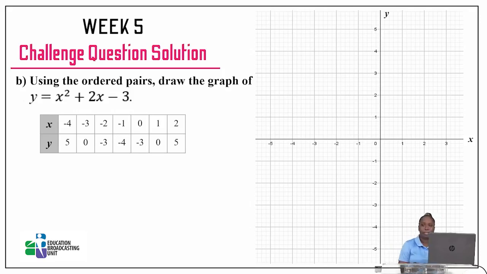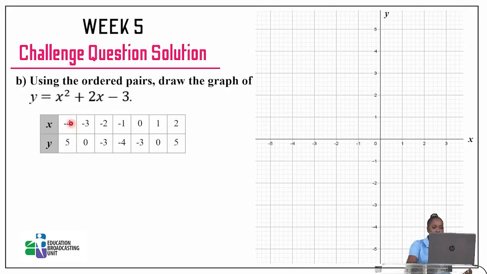Part B says, using the ordered pairs, draw the graph of y equals x squared plus 2x minus 3. And what we have here is the table from the previous slide, and it is completed for us. And we know that coordinates are x, comma, y.